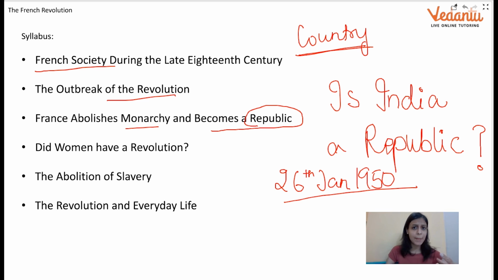We elect our MLAs, MPs, and they further go and elect our president. That means he does not have a hereditary seat. Similarly, France also became a republic, that means the head of the country was no more a monarch, but the people had their representative who ruled the country.